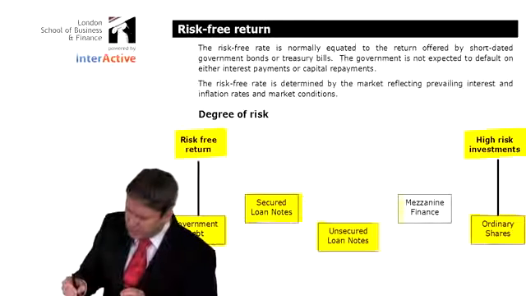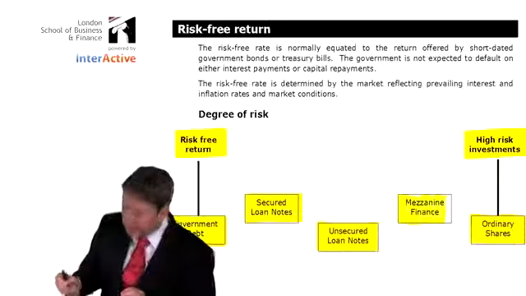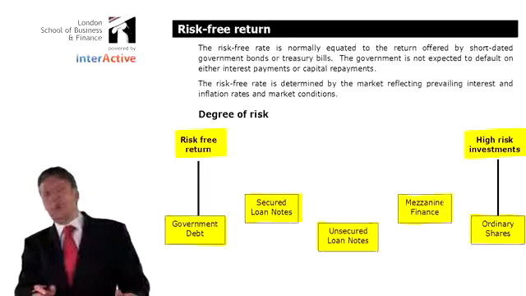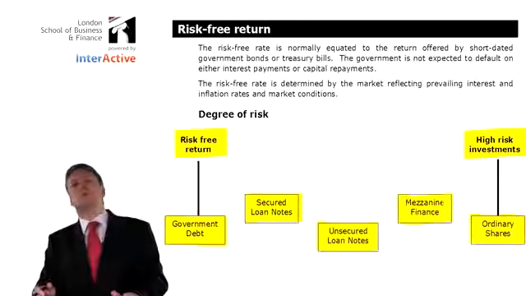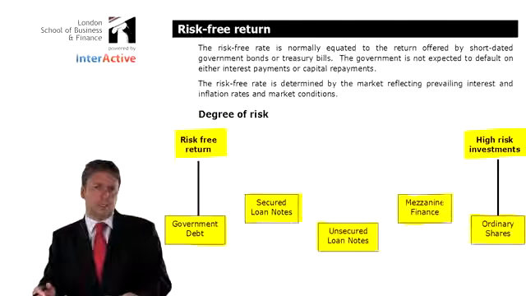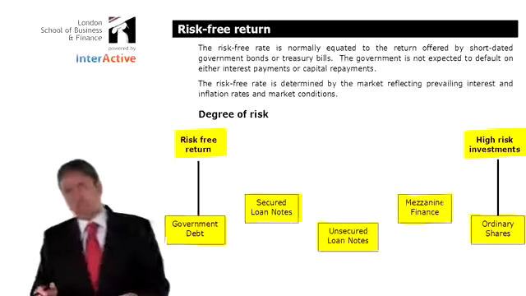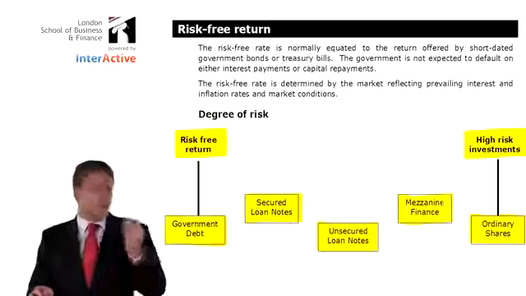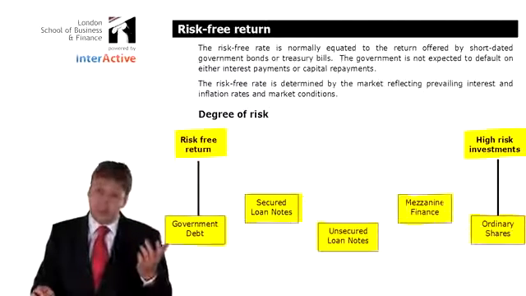Finally, just as something slightly different, and please remember you must always read up on sources of finance, I've thrown in here something called mezzanine finance. You see, mezzanine finance is where we're looking at unsecured loan notes. Fine.